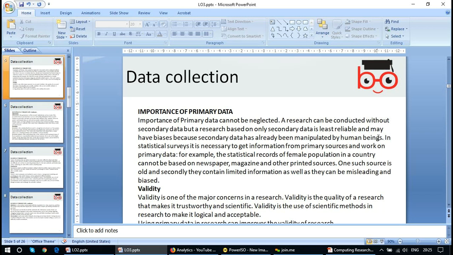So for the population of females in a country, you cannot rely on any other source; your primary research, your primary data, is the only way you can get a valid record. Make sense?